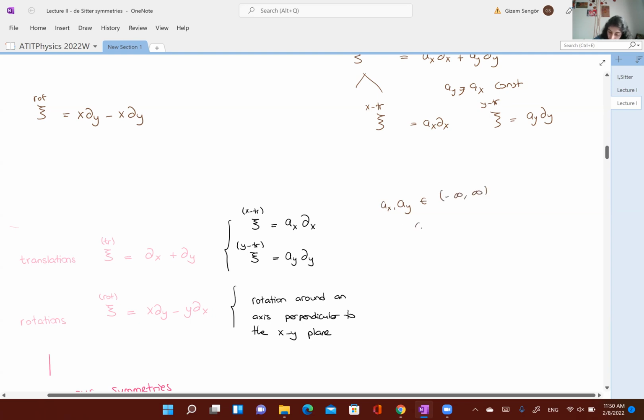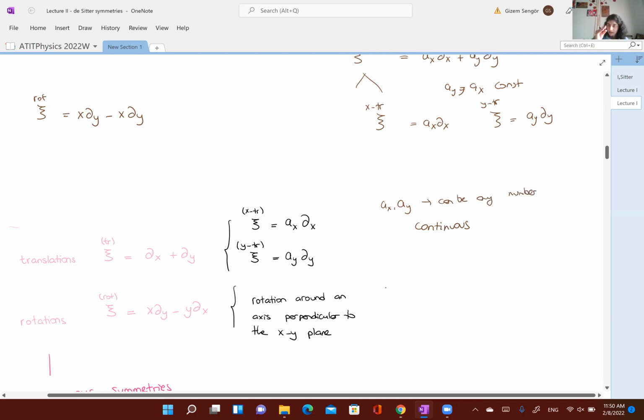They're continuous. Rotations are also the same. You can rotate by any little angle, any infinitesimal amount.